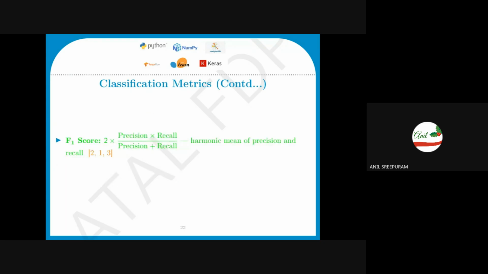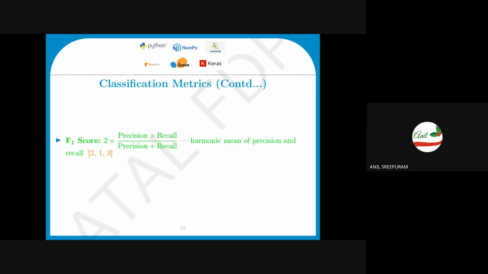And there is another term called the F1 score. That is actually a harmonic mean of precision and recall. I'll explain the reason why harmonic mean is taken. Harmonic mean is a term which is just like our AND function. AND function is taking two inputs, x1 and x2, and will give a high value only when both are 1. Similarly, this harmonic mean is a function which will take two parameters, say x1 and x2, and the harmonic mean of x1 and x2 will be a high value only if x1 and x2 are high.